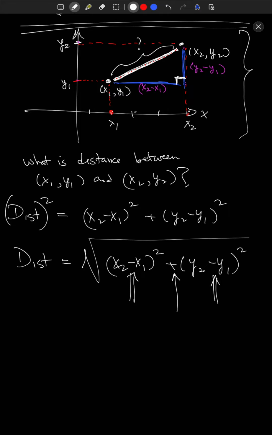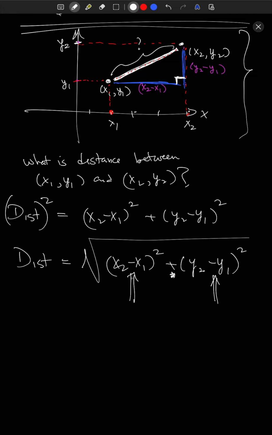One way you know whether you have it right is that if this plus in the middle were a negative sign, then it's possible you would have a negative under the square root, because anytime you subtract things, it's possible you get a negative number. That doesn't make sense, to have 2 points whose distance between them is a square root of a negative number. So you know that this in between has to be a plus.